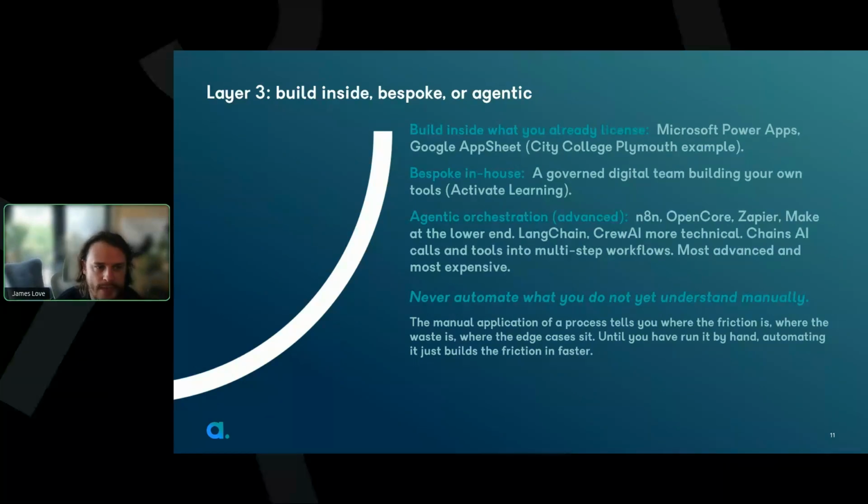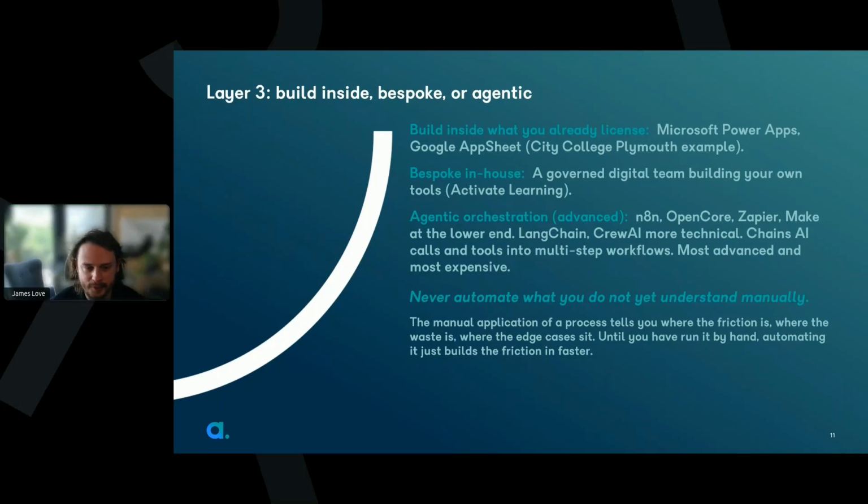Tools like lower end N8N, OpenCore, Zapier, Make. It's really something that requires a greater deal of technical understanding. At Aptem ourselves, we're in the middle of an orchestration engine evaluation, and I'm going to talk a bit about what we've been doing in terms of transformation to give you a bit of an understanding of how this could look in practice shortly.